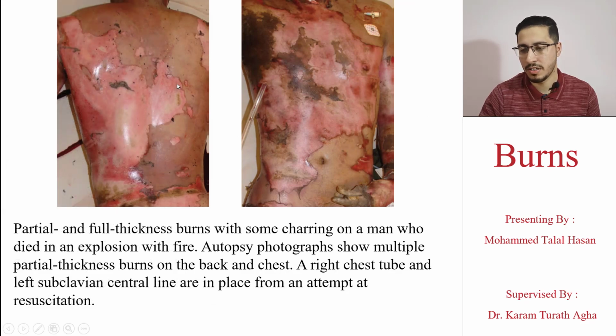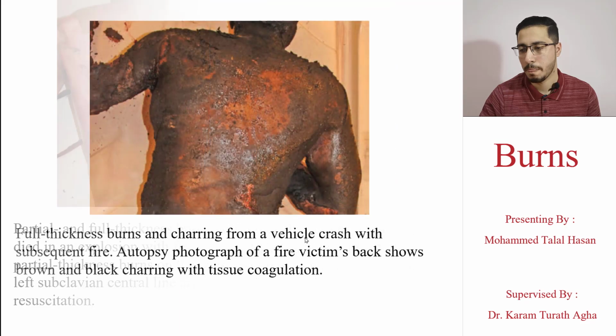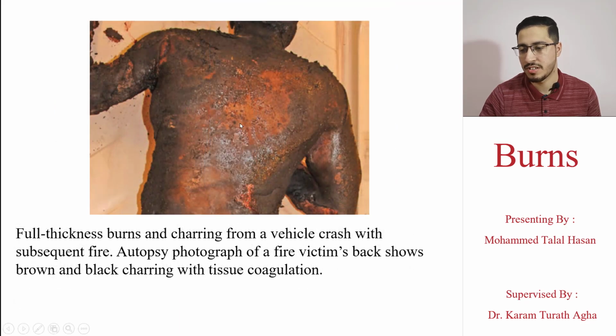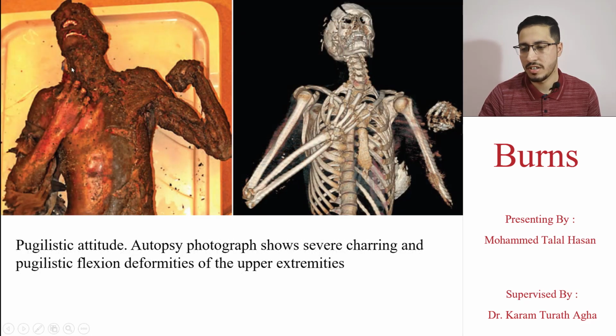Here we can see the partial and full thickness burns, and here we can see the chest tube and the CV line. Here we can see the full thickness burns and the change in the color of the skin, which is brown to black with tissue coagulation. The pugilistic attitude is more common in the autopsy of severe burns.